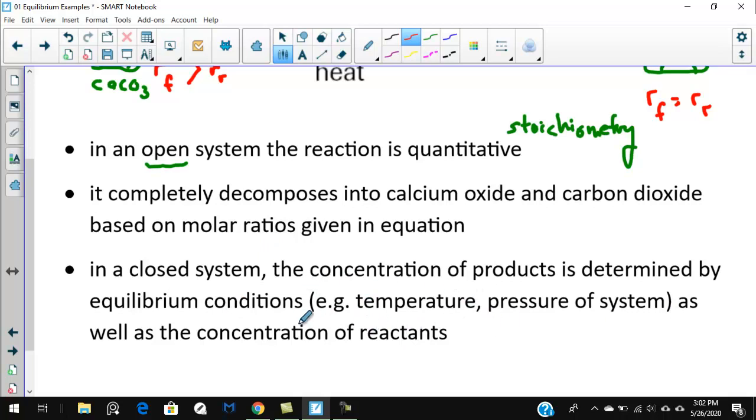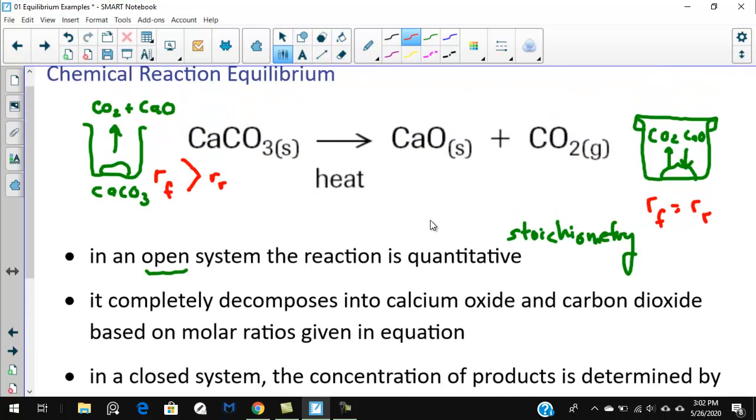We need to know the concentrations of the reactants and the products. All of those things factor into what the balance of rate forward equaling rate reverse is going to be. So it's a little trickier, but not overly so. And we will work our way through how you deal with figuring out the balance point between these different kinds of reactions. Okay.